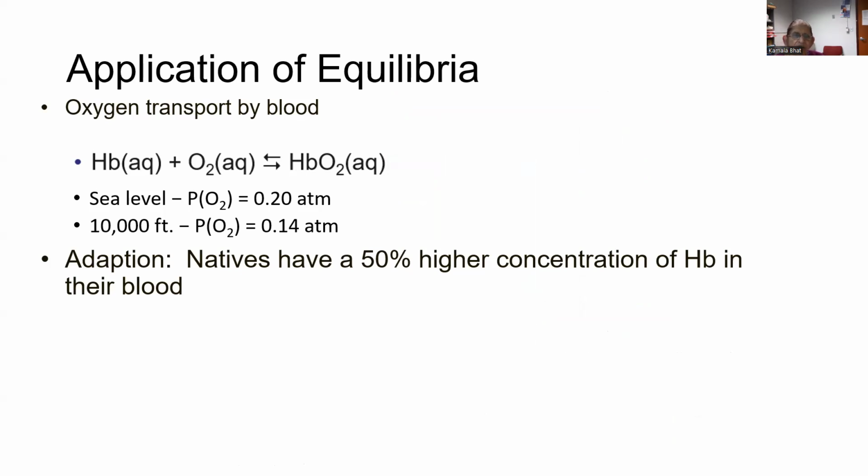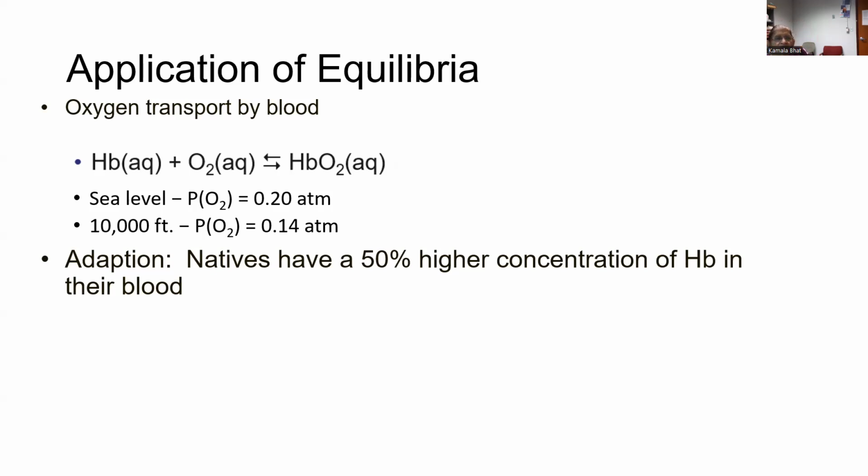Therefore, you find in people living at high altitude, they have a higher concentration of hemoglobin in their blood so as to retain the required amount of oxygen they need. And so when they come down to sea level, they have very high concentrations of oxygen in their blood system.